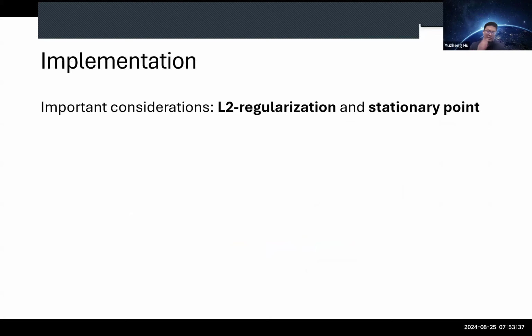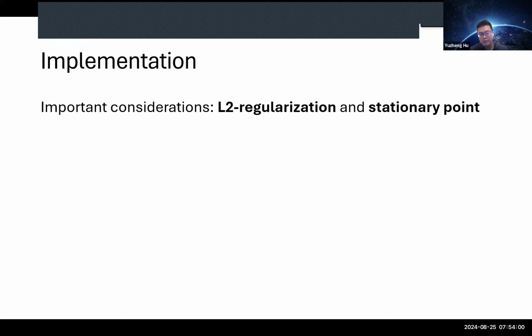Okay, so now let's talk about how we actually do this implementation in practice, because the theorem involves some assumptions. There are two important considerations.